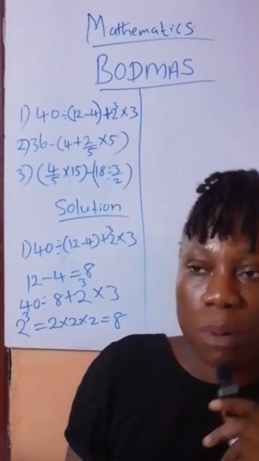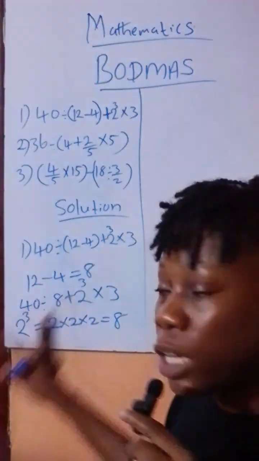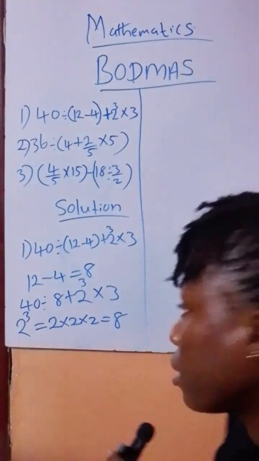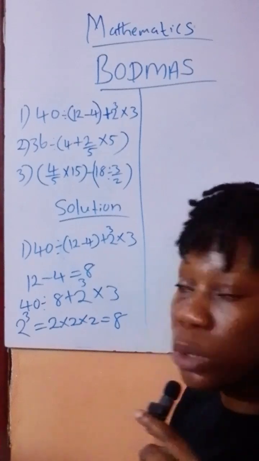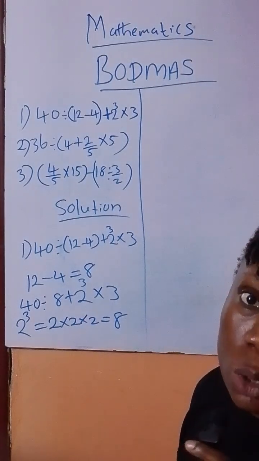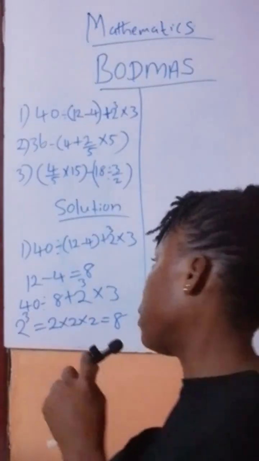The 2 raised to power 3 means that we should multiply the 2 into 3 places. 2 times 2 times 2, 3 places, is going to give us 8.